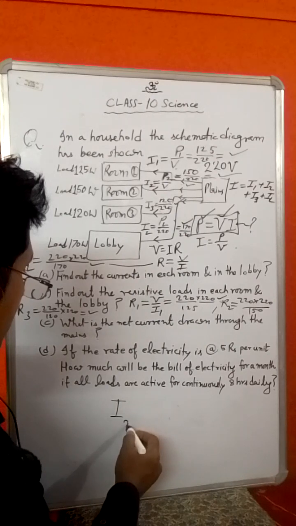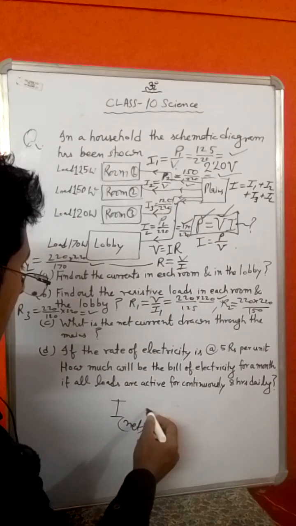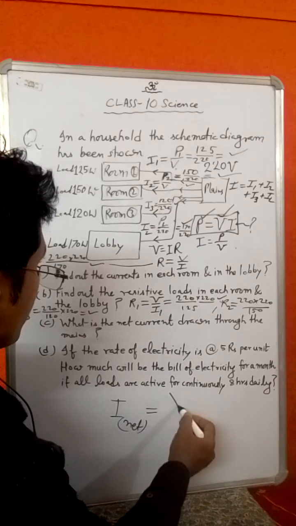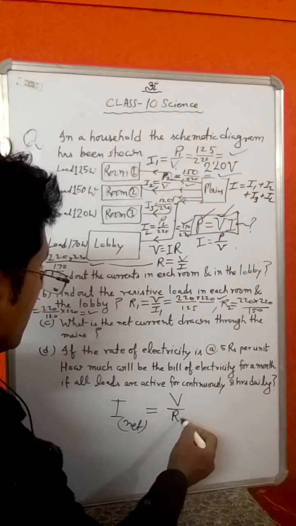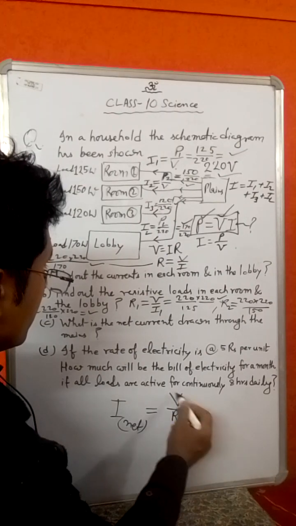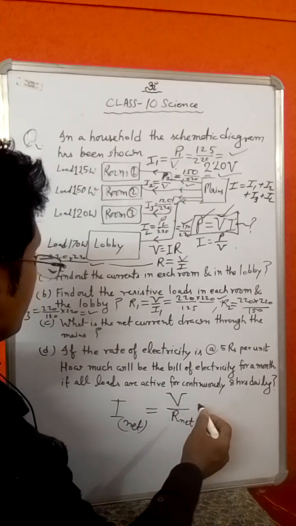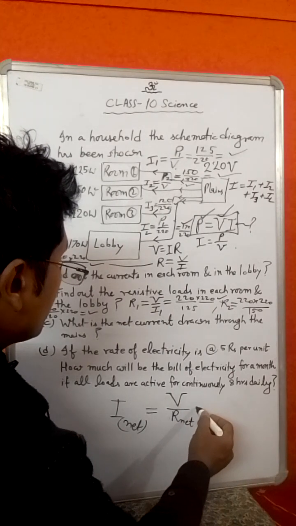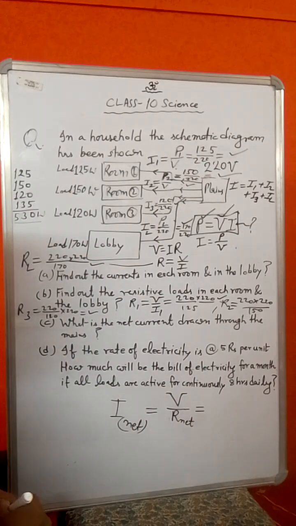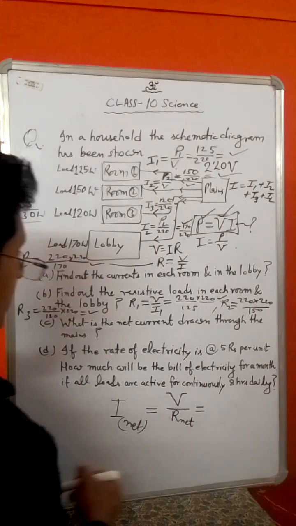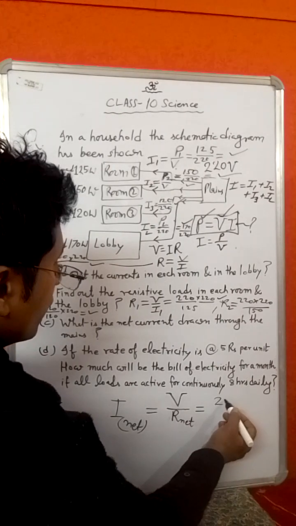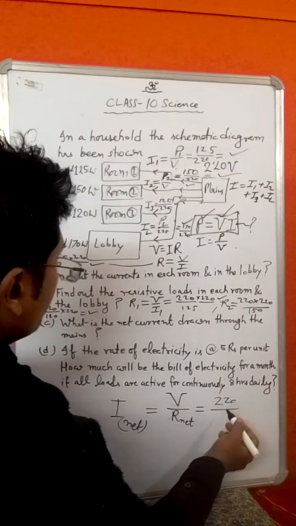Now as we know that V is equal to IR, so the net current I net can be calculated by V upon R net, or else we can say, total voltage is 220 volt on R net.